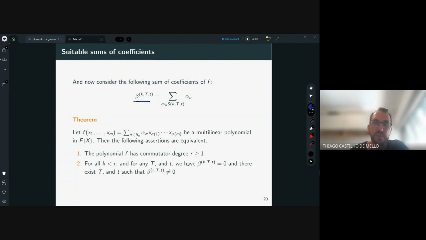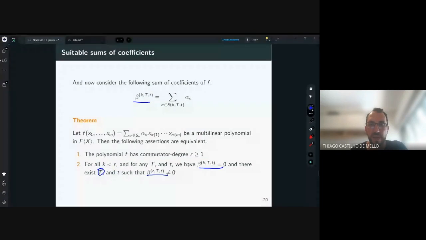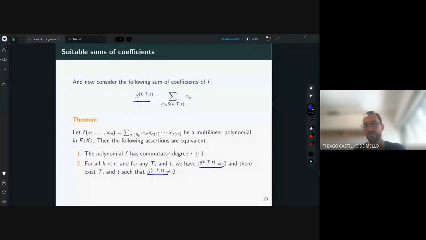It has commutator degree R, this integer R, if and only if these coefficients we have just defined are zero for any choice of capital T and small t when k is smaller than R, and there is some choice of capital T and small t when k is equal to R that is non-zero. So these two conditions characterize the multilinear polynomials which have commutator degree R.